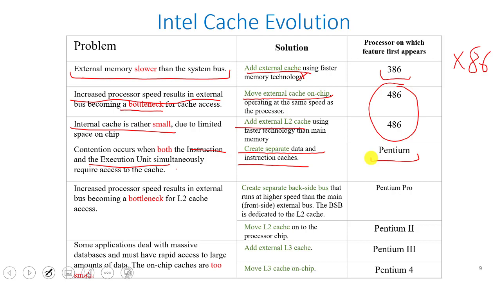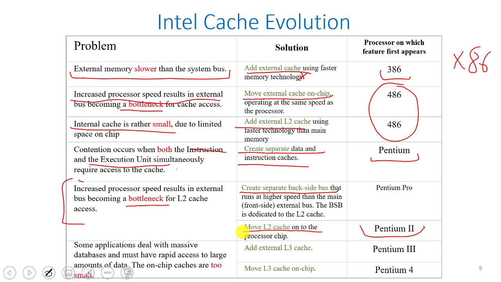After that, we have the Pentium Pro. Increasing speed of the processor results in the external bus becoming a bottleneck for L2. So they said, okay, create a separate bus for the L2. And later on in Pentium 2, we still had the same problem. They said, okay, let's just move the L2 cache onto the CPU chip.